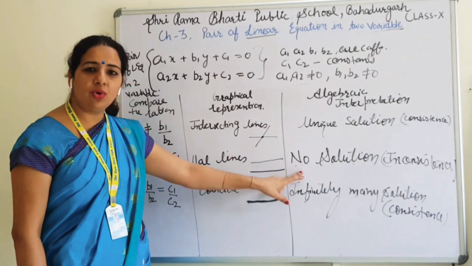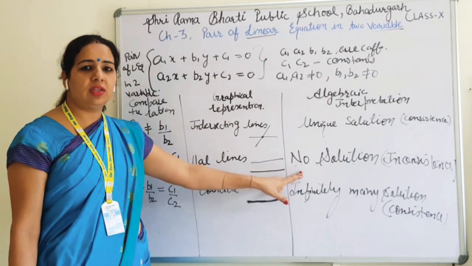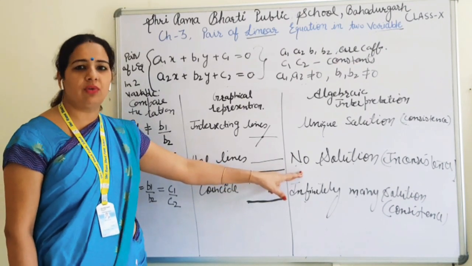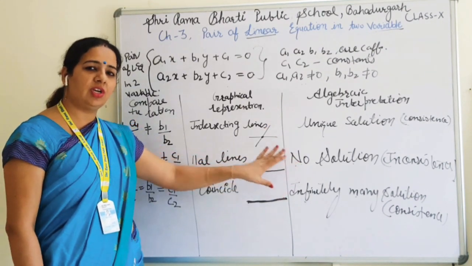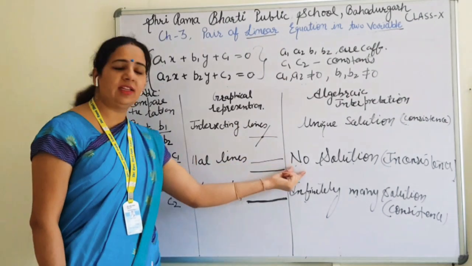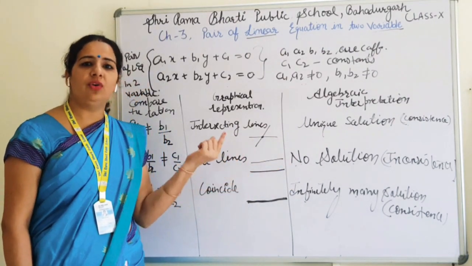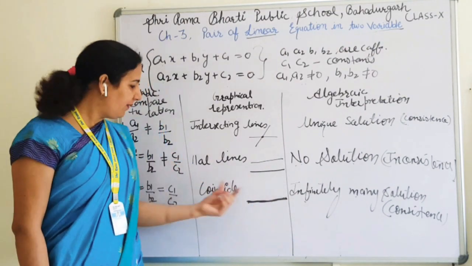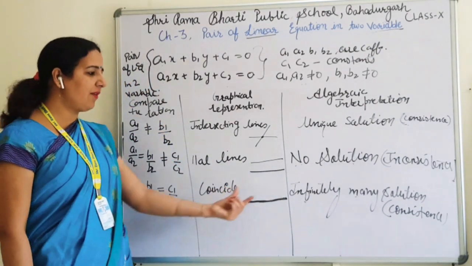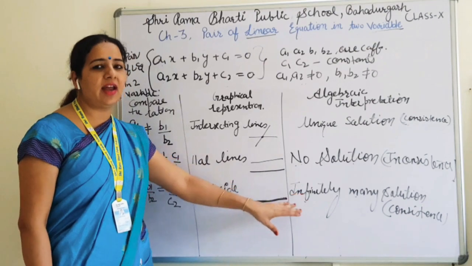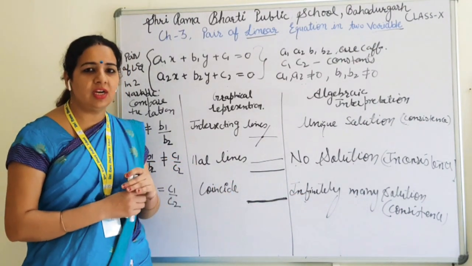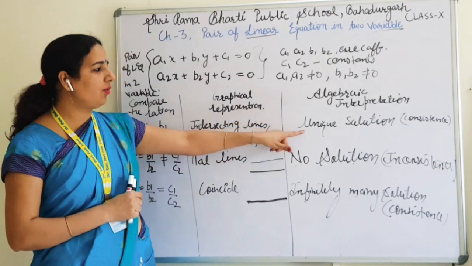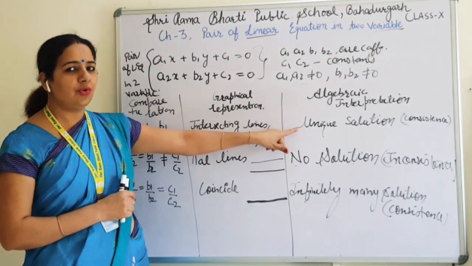If the question has no solution, meaning the pair of linear equations does not have any solution, then we can't solve the question. We leave that question there only by writing that this pair of linear equations has no solution. For infinitely many solutions also, whenever the ratio is this, we will just leave that question by writing that they have infinitely many solutions. So this is the final answer. It means we are going to solve the question only for the unique solution.